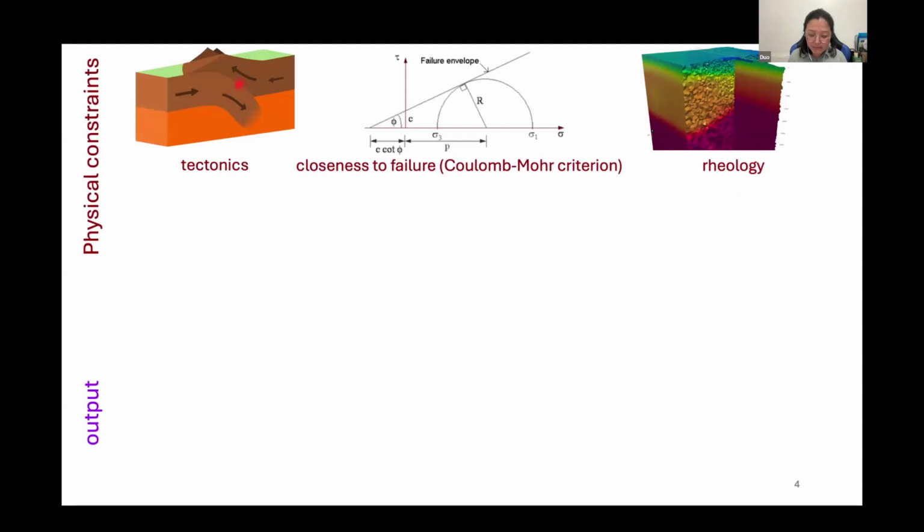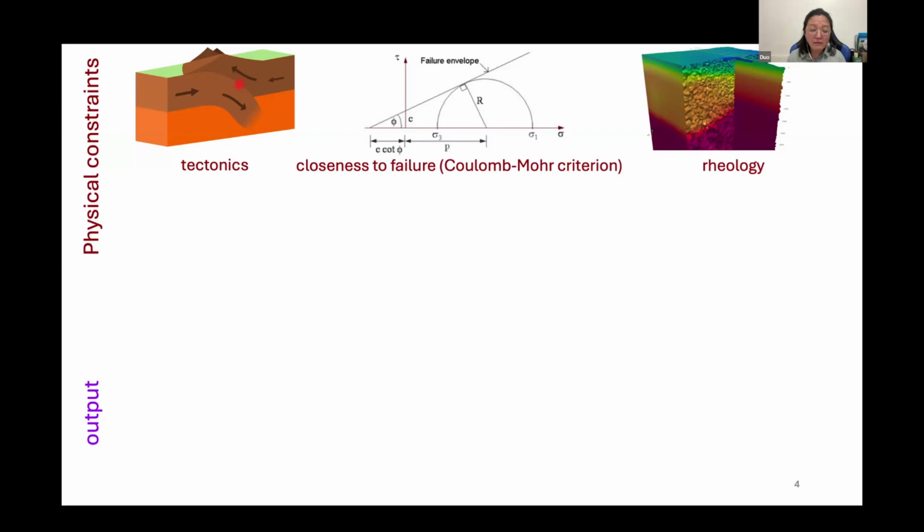So this is a standard numerical workflow for dynamic rupture. The key input parameters in the simulation are the tectonic information, like the stress tensor that normally drives the rupture and the ground shaking in the area.